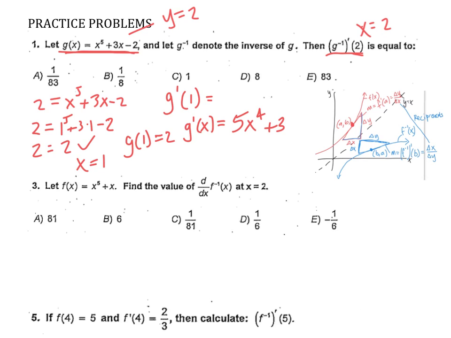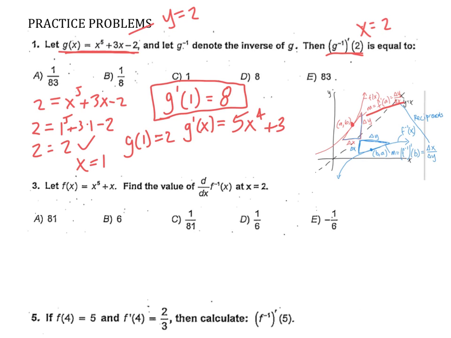Okay, and if I find g prime of 1, I just plug in 1, and I get 5 times 1 to the fourth, which is just 5, plus 3, so you get 8. So looking at that picture, I'm finding the derivative of my function at that x value.